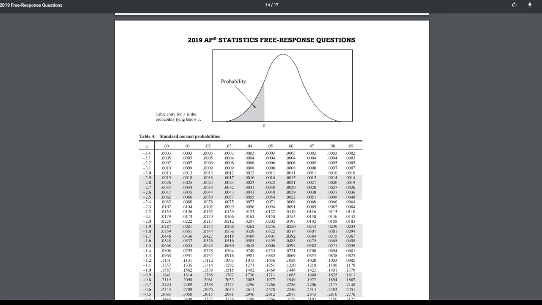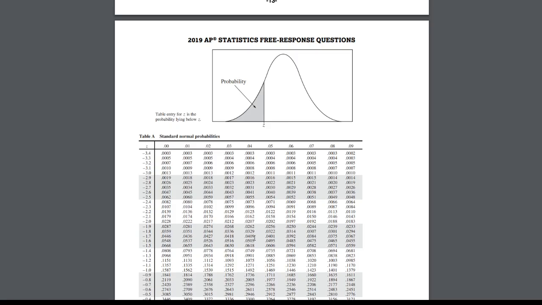The left column is giving you the particular Z-score that you're looking for. The top row is giving you the second decimal of the Z-star that you're looking for.